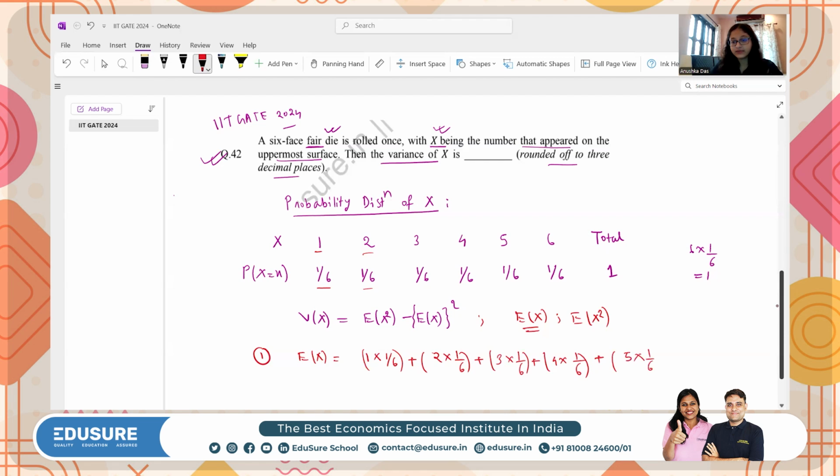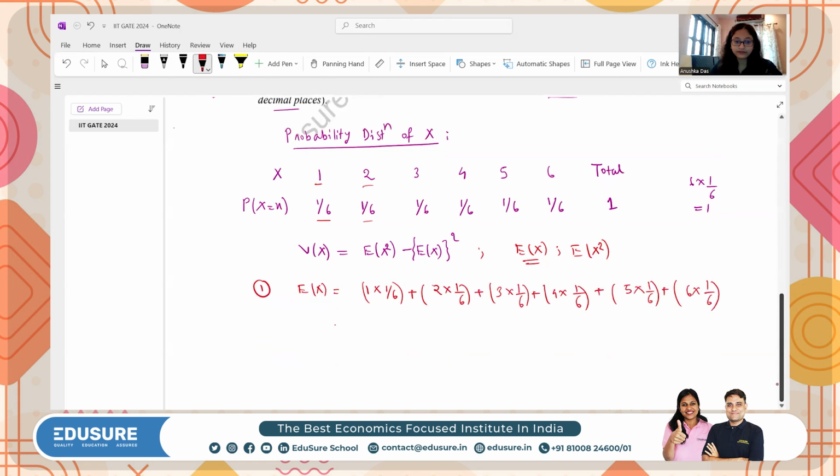This will give you your expectation. 6 into 1 by 6, right? Okay. Now it will be 1 by 6 times (1 plus 2 plus 3 plus 4 plus 5 plus 6). Okay. Now if you know the formula of addition of these terms, it will be n into, okay, let me write this here.